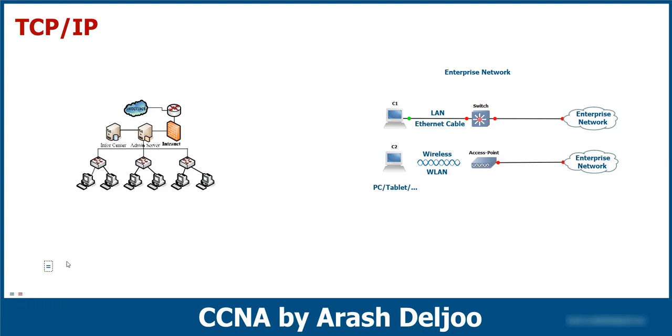Let me write here: users in SOHO are connecting to, for example, a modem, or an access point, or some other devices. And in enterprise networks, they are connected to, for example, one switch. That's it. They don't know anything about the other detail of the network.